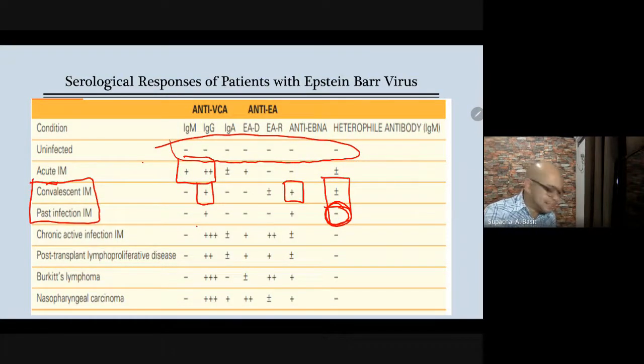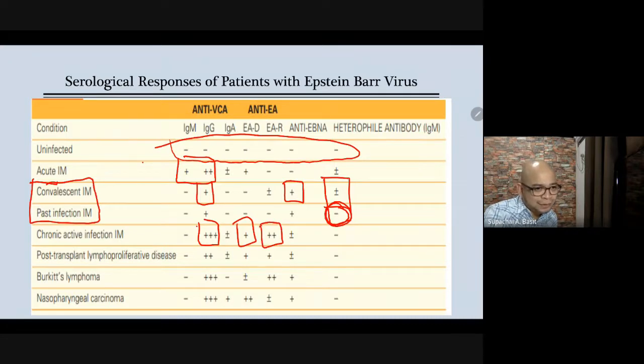For patients in chronic active infection, they will be highly positive in anti-VCA IgG, positive for antibodies against early antigen diffuse, and double positive for early antigen restricted.